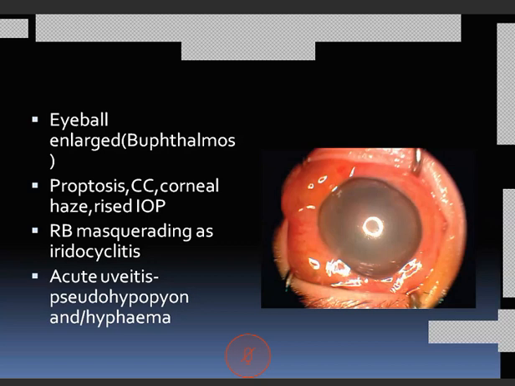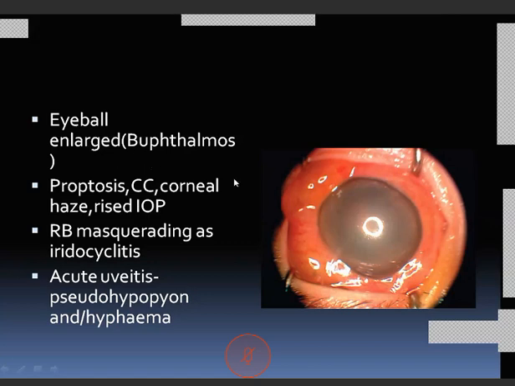But if the child is more than 3 years, or even in adults, we don't see any enlargement of the globe in glaucomas. Only when the child is less than 3 years of age will there be enlargement of the anterior part of the globe, leading to buphthalmos, a large eyeball, which is seen in congenital glaucomas. So even in this secondary glaucoma.